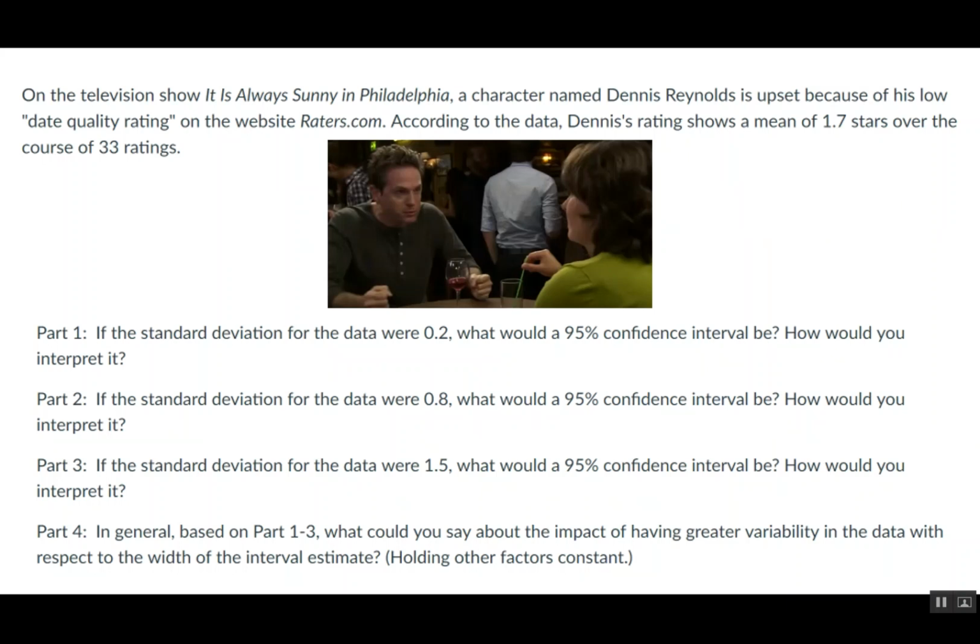Now, the standard deviation for the data is saying that we have 33 ratings of varying levels of stars, where the average comes out to be 1.7.